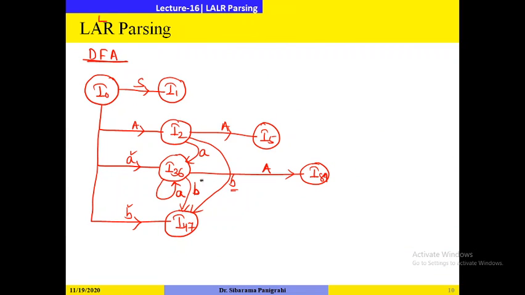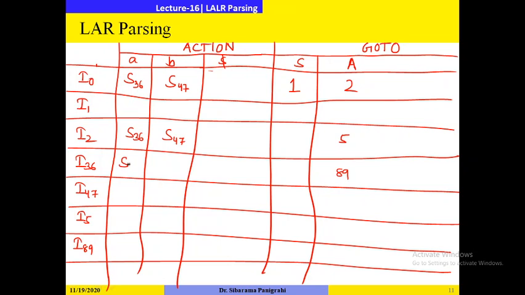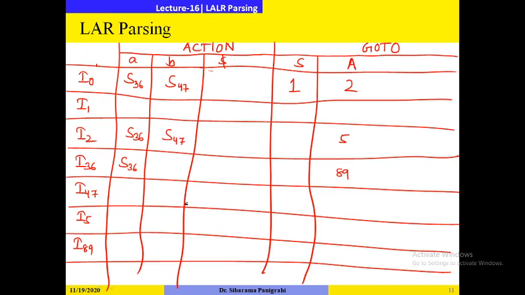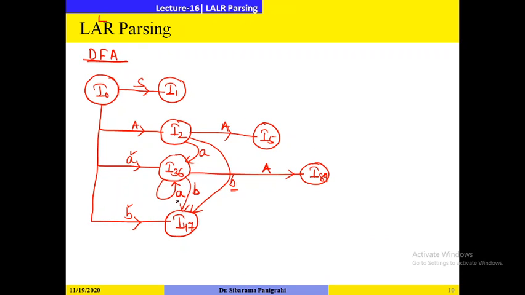Next, I36 by taking a as input, it remains in I36, so here S36. I36 by taking B as input, it moves to I47, which means S47. Okay. Next, I36 it's over, I47 it's over, I89 it's over. So all the shift operations we have completed.